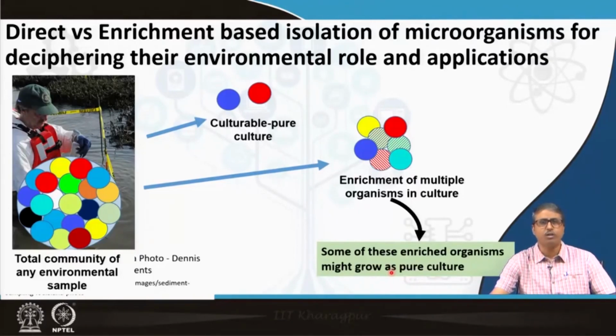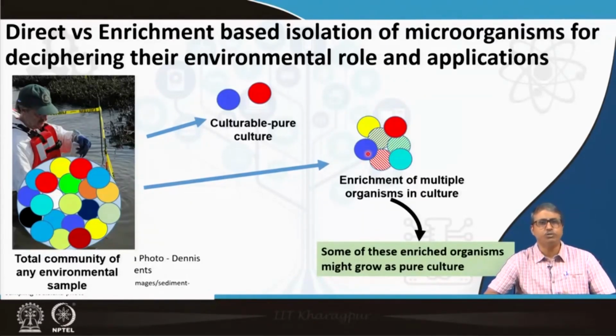So, maybe not all. Why not all? Because some of them might strictly require interaction between the species themselves, and if we try to segregate them to obtain a pure culture, the requirements are not satisfied, because the mutual interaction between two organisms is missed when we physically segregate them during the spreading or high dilution.